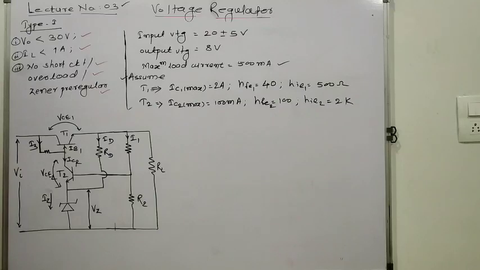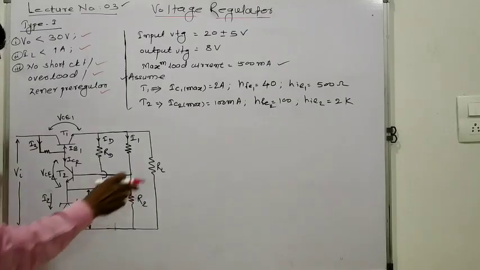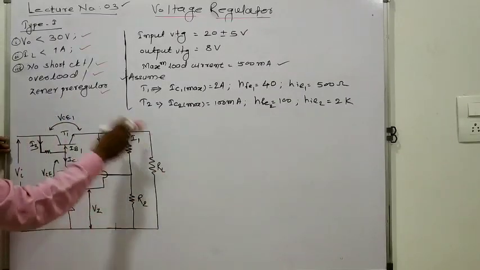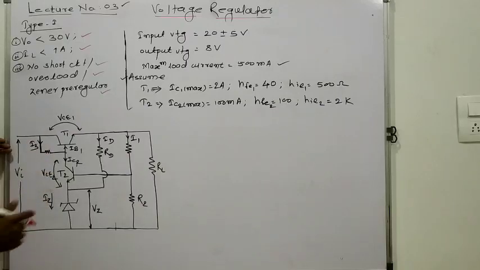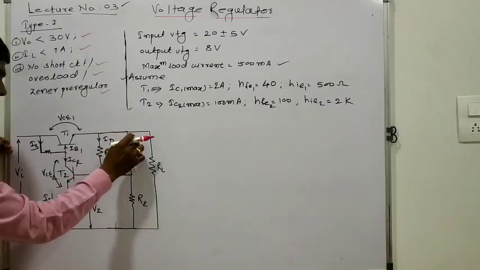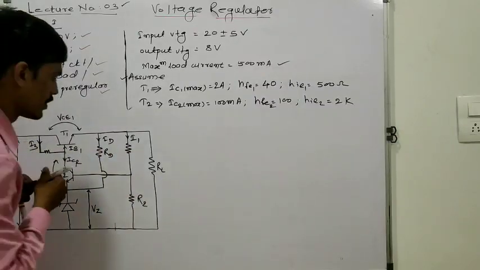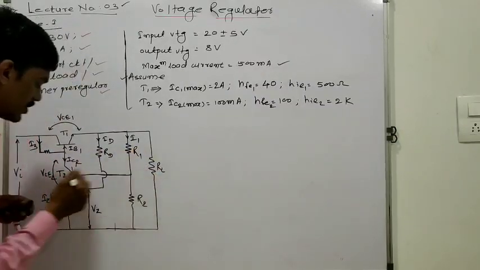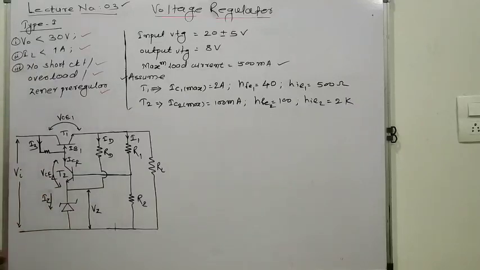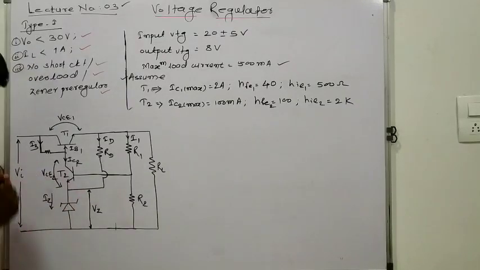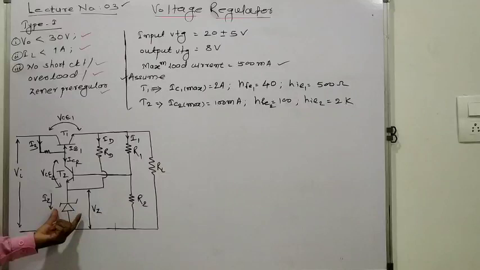In the previous lecture we also discussed how this series pass voltage regulator works. R1 and R2 act as a sampler circuit. Then this Zener diode provides a reference voltage.